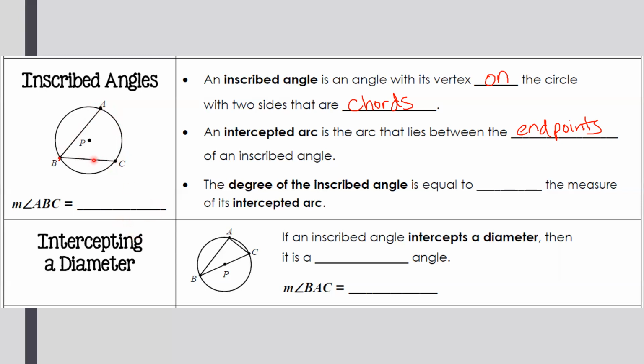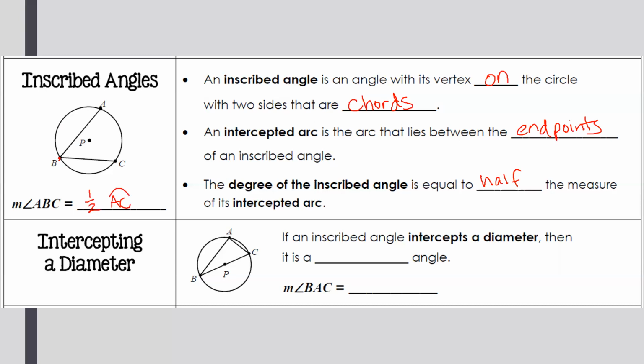The degree of the inscribed angle is equal to half the measure of the intercepted arc. Half. Okay. So the central angle was equal to the intercepted arc. Your inscribed angle is half of that. So the measure of angle ABC equals half of the measure of arc AC.